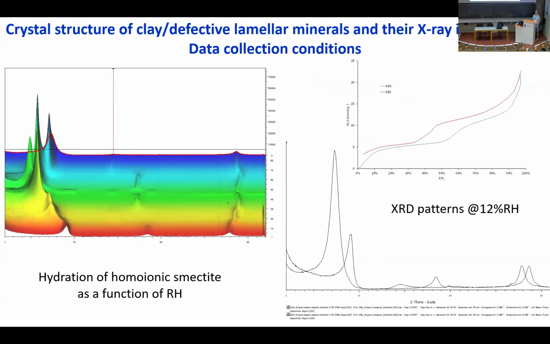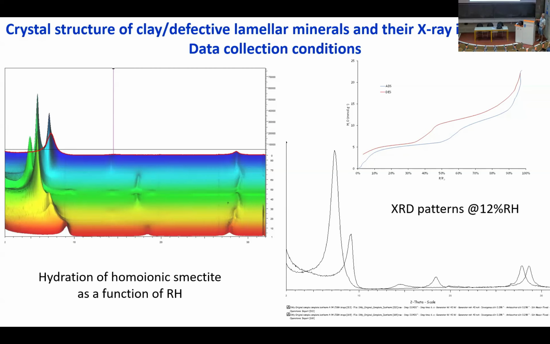It's worse than that. Here I have a homoionic smectite. I think it was calcium saturated. And here we recorded diffraction data starting from 0% relative humidity. We increase relative humidity to 94% relative humidity here.